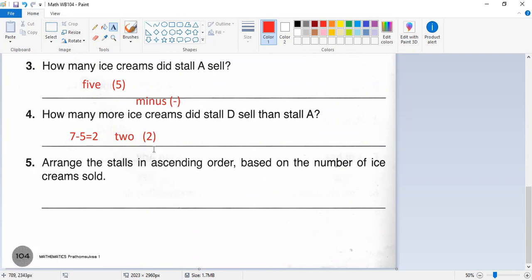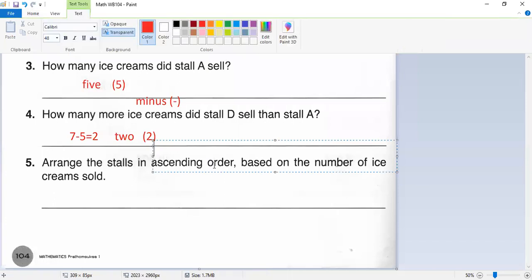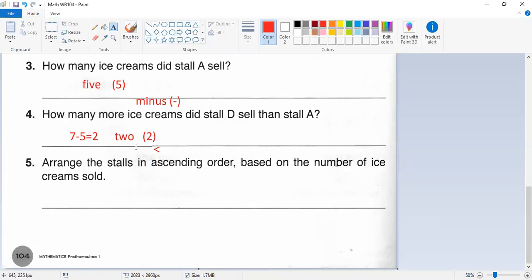So when we see ascending, that is like the thing that we use our less than sign for. Ascending is smallest to biggest.